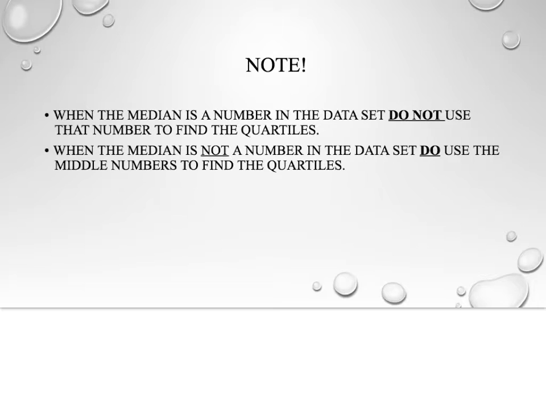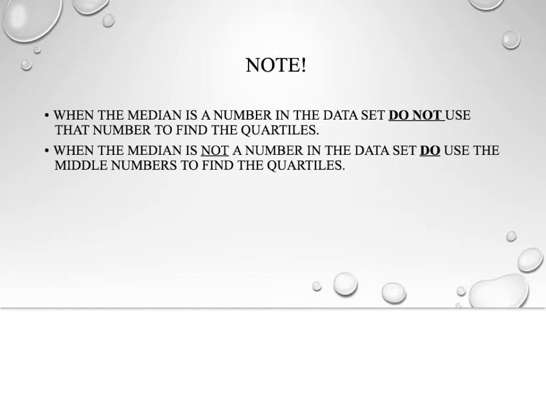It's the same thing for Q3, but we're looking at the top half instead of the bottom half. But note, when our median is a number in the data set, we do not use that number to find the quartiles. When the median is not a number in the data set, we do use the middle numbers to find the quartiles.